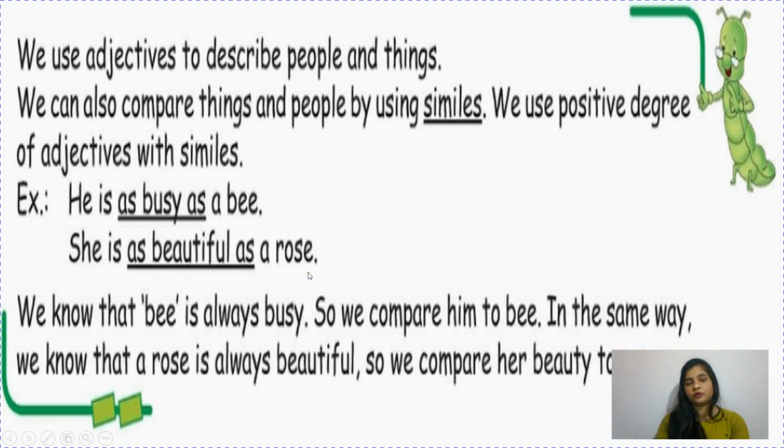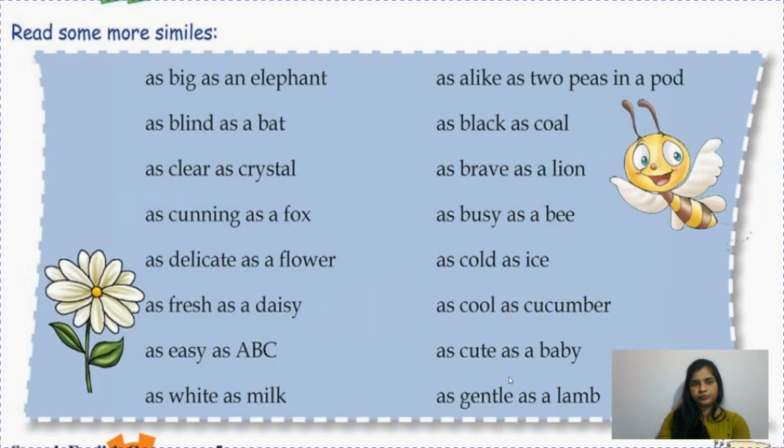She is as beautiful as a rose. We know that a bee is always busy in doing its work, so we compare him to a bee, means he is also very busy all the time. In the same way, we know that a rose is always beautiful, so we compare her beauty to a rose, means the girl is very beautiful like a rose.